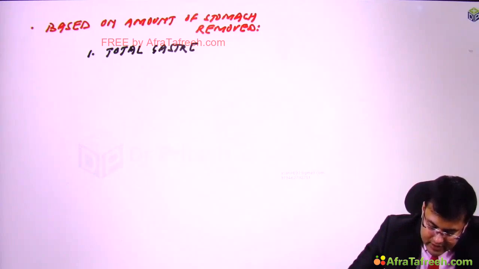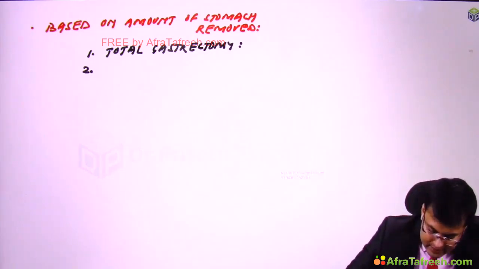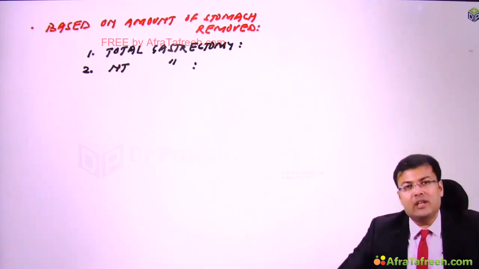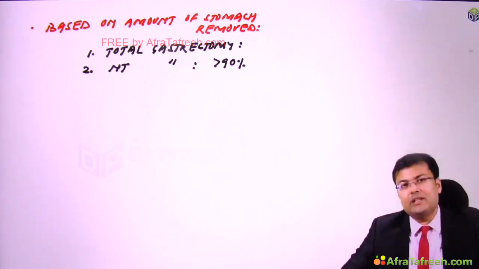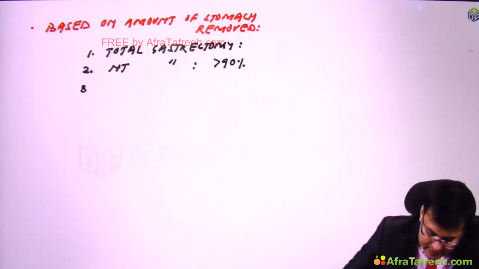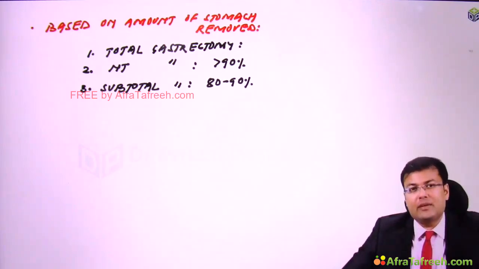So obviously in the total gastrectomy we are going to remove the whole stomach. After that there is near total gastrectomy, and in the near total gastrectomy more than 90% of stomach is removed. After that there is subtotal gastrectomy. In subtotal gastrectomy we remove 80 to 90% of stomach.